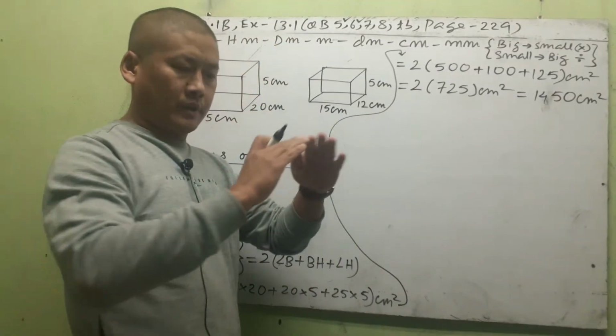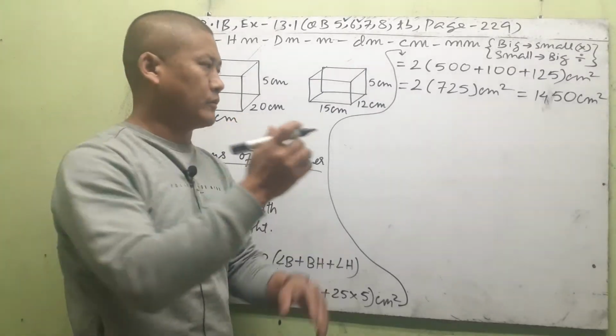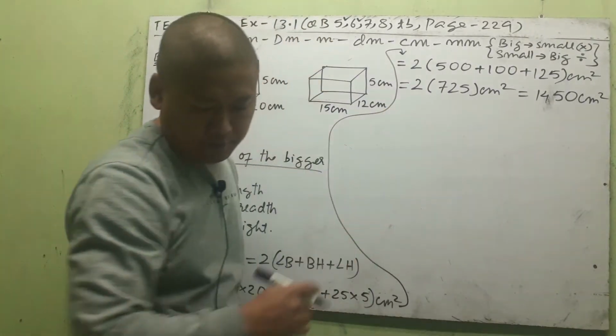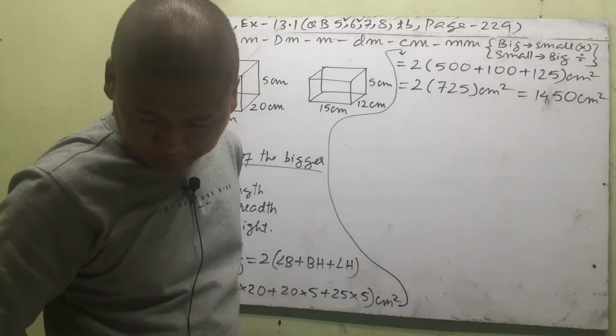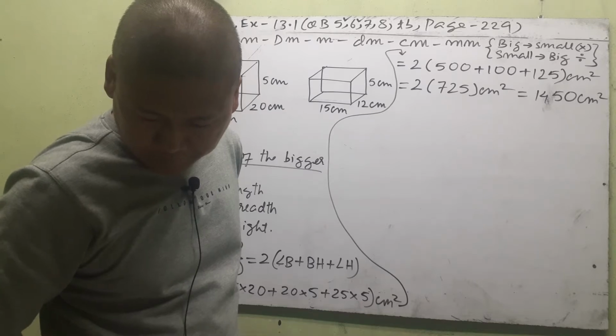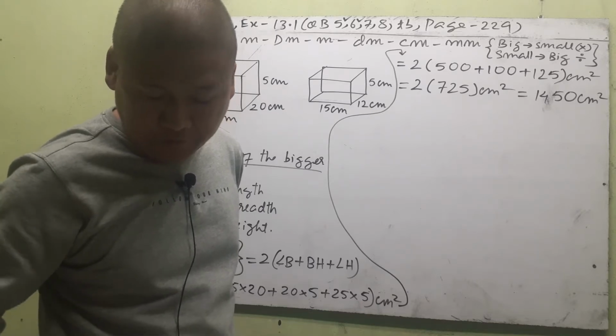Okay. Now to make the box cardboard, a little bit of extra overlap is required, and the textbook is saying, yes, 5% of total surface area is required.